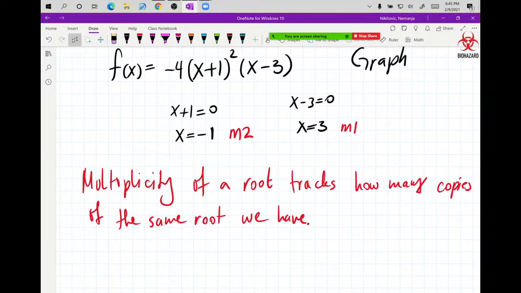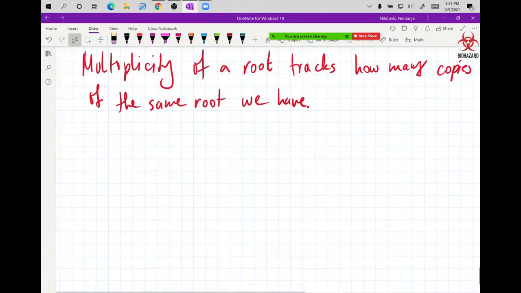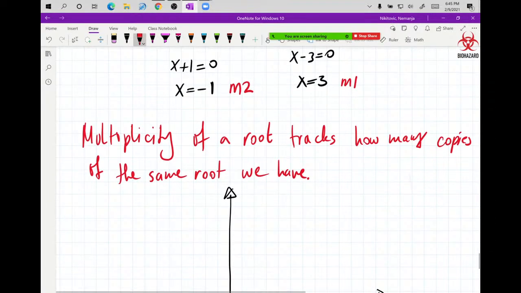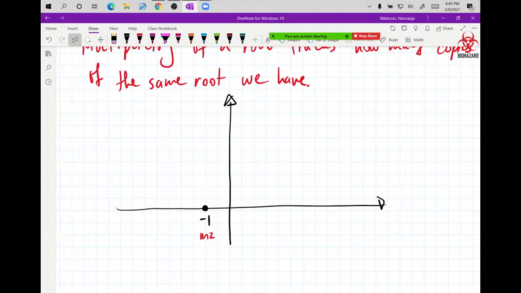Now, how does this help the graph? Ooh, this does wonders on the graph. So we have that negative 1, which is an M2 root. I'm still going to write that, M2 root. And we also have x equals 3, which is the M1 root. This is terrible, but the tablet is rocking.